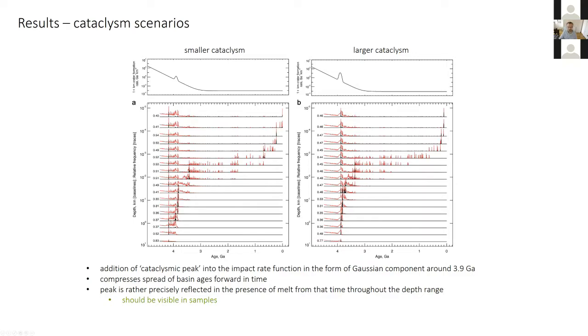The basin ages are spread forward in time, and the peak is precisely reflected in the presence of melt from that time throughout the depth range. So not only is it at the surface, but it goes through all depths down to a kilometer or so. So this should definitely be visible in the samples.